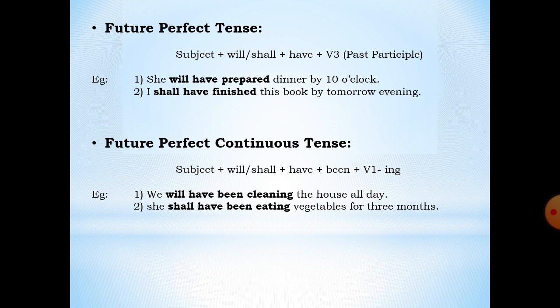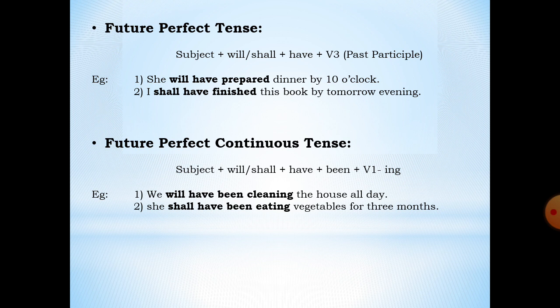Now the last form of future tense is future perfect continuous tense. See the formula: subject plus will or shall plus have plus been plus V1 and ing. First sentence, we will have been cleaning the house all day. And second sentence, she shall have been eating vegetables for 3 months.